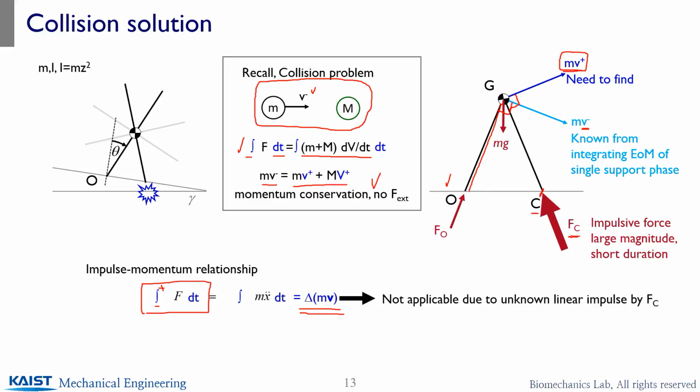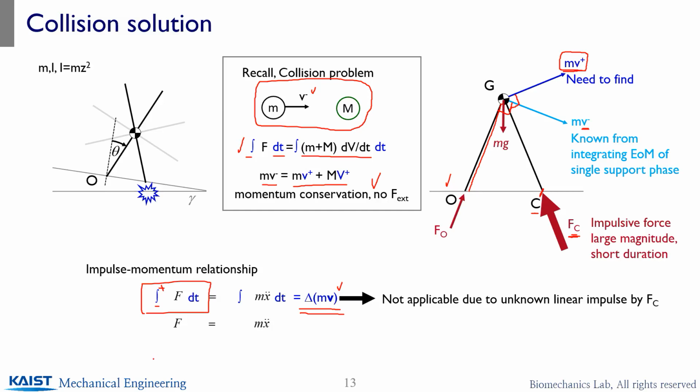And generally, those impulsive forces are unknown. So even though I can obtain the equation, there are two unknowns: on the left-hand side, I don't know the linear impulse applied by the FC, and I don't know the v plus after collision. So this equation is not helpful.